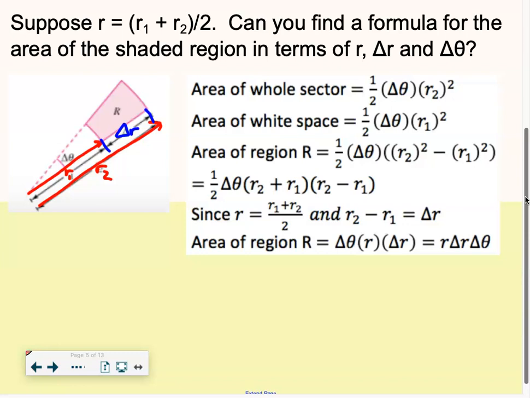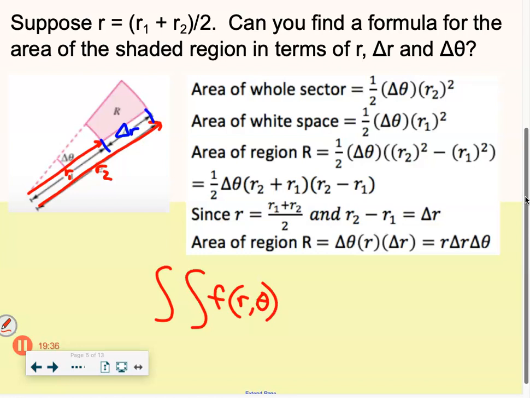Now, how does this translate into double integrals? Because what we're going to find when we set up our double integrals is, you have some function in terms of r and theta, or x and y that you'd have to convert to r's and thetas, right?